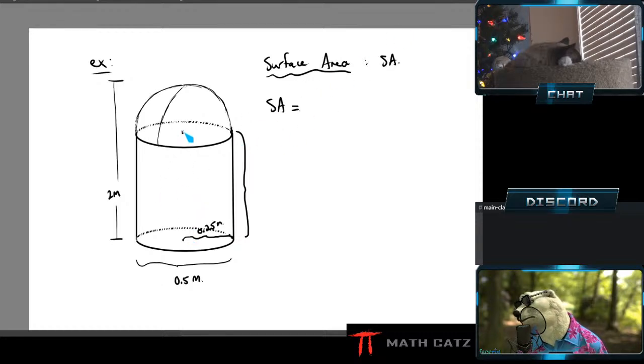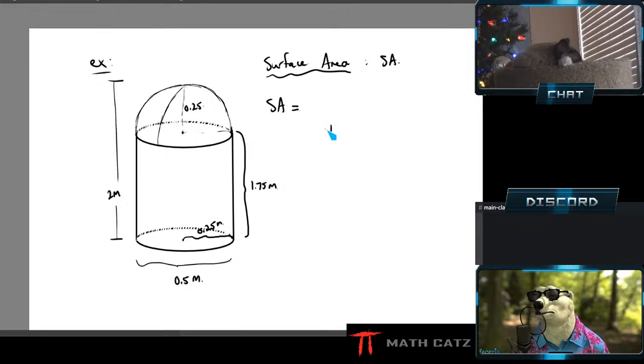Then from the top of the cylinder to the top of the half circle will be 0.25 as well, because this is 0.25, it's all circles. All the radius sections are the same. And then I get 1.75 again. Even though my drawing makes it look like this half circle part is a little bit higher, I have to trust the numbers.